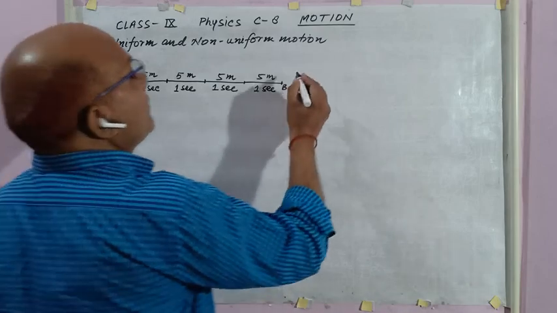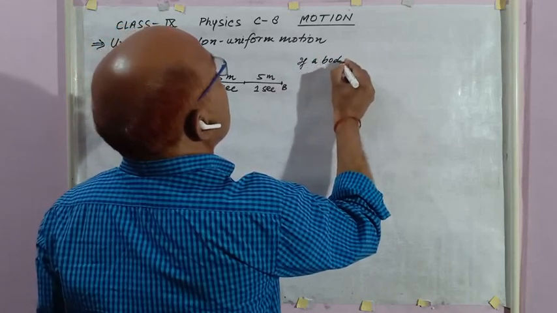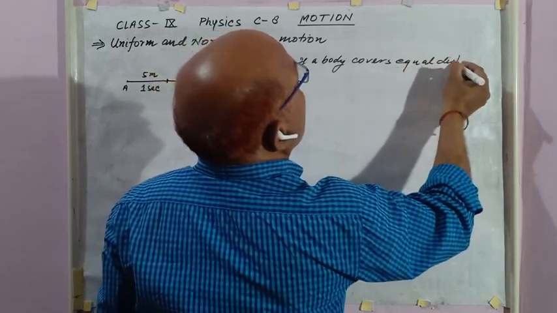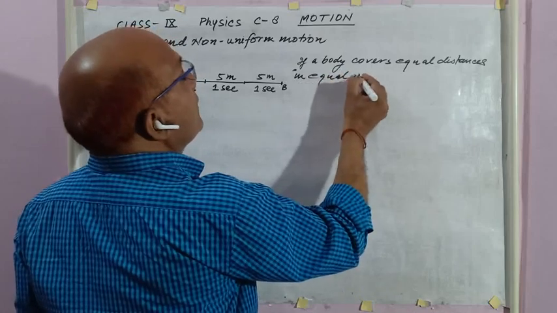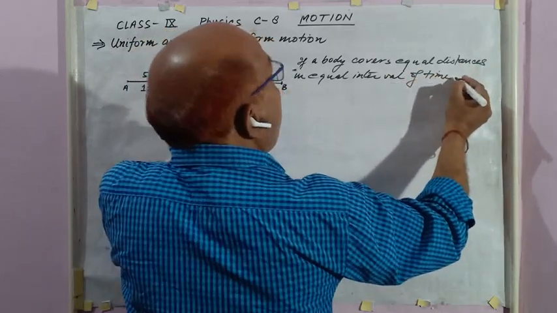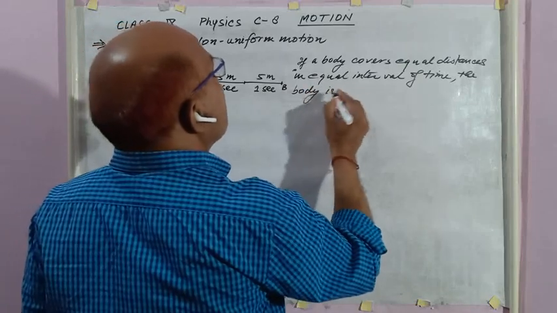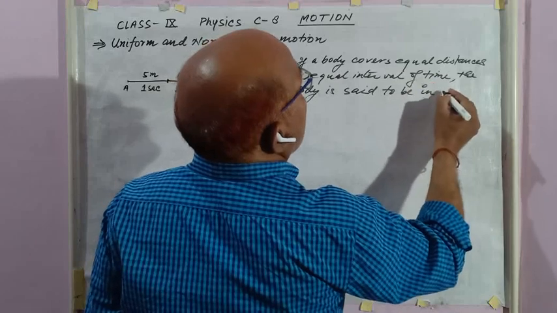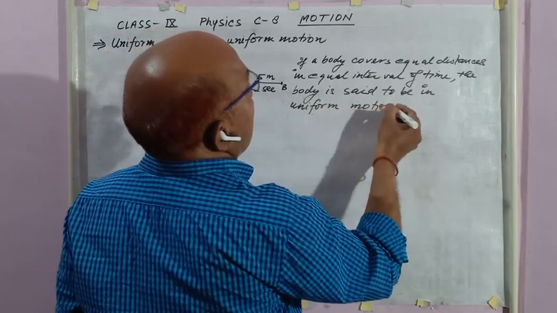So what is uniform motion? If a body covers equal distances in equal interval of time, the body is said to be in uniform motion.